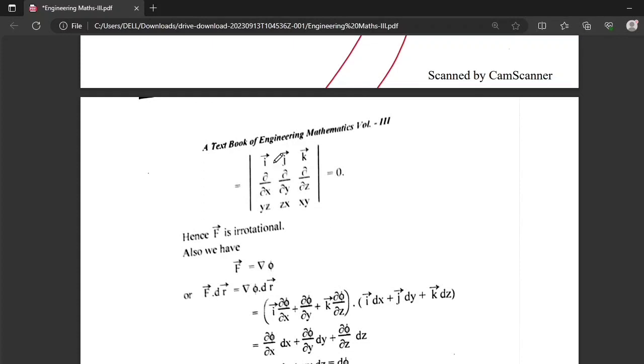Now taking the i vector, we cancel its column and row, and by expanding the determinant we get del/del y of xy minus del/del z of zx.